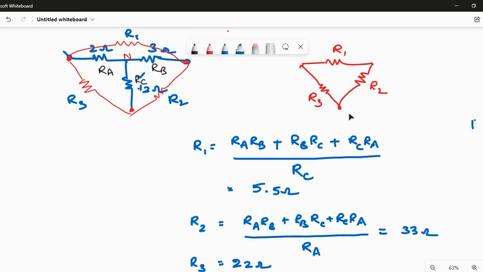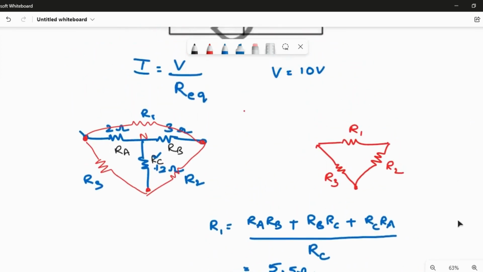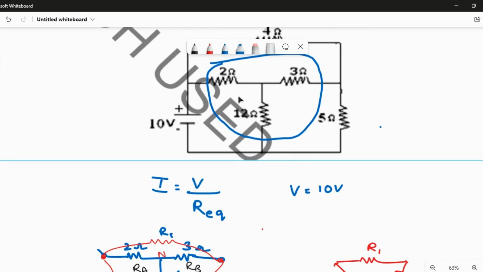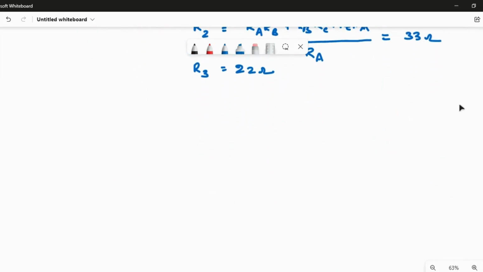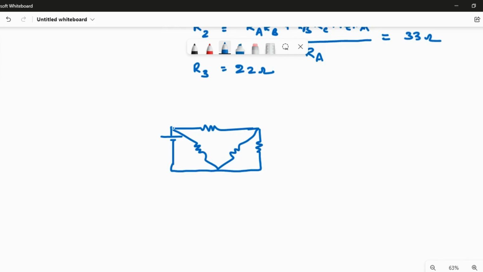Now replace these three star connected resistors with delta and redraw the circuit. Only those three resistors you have to replace.